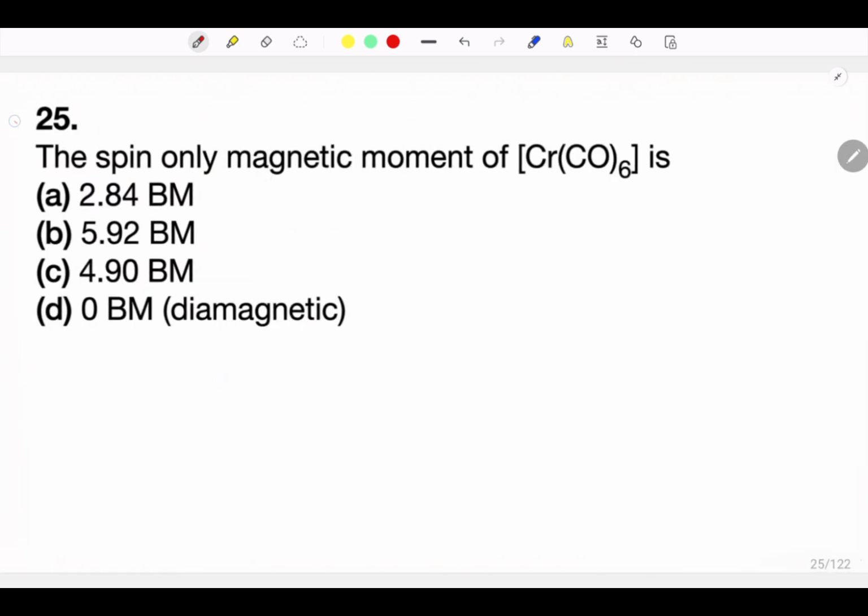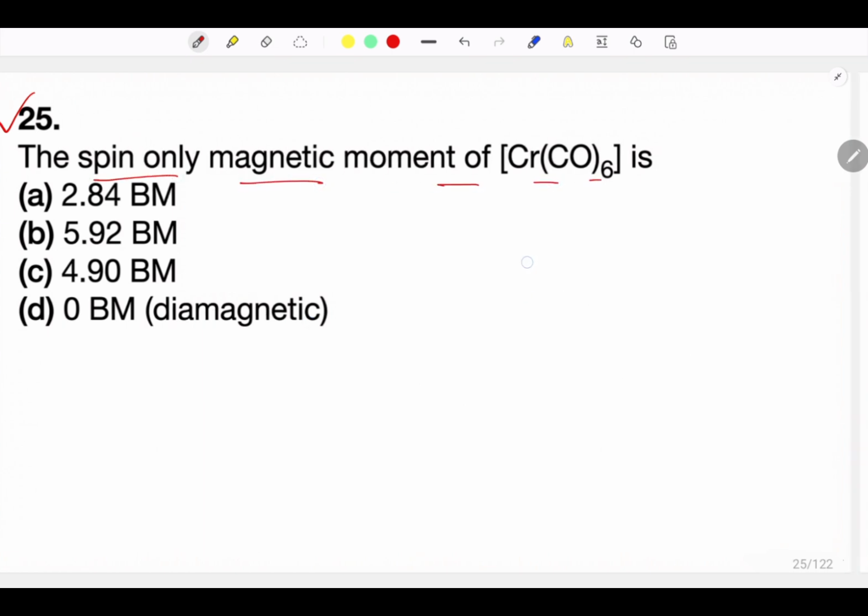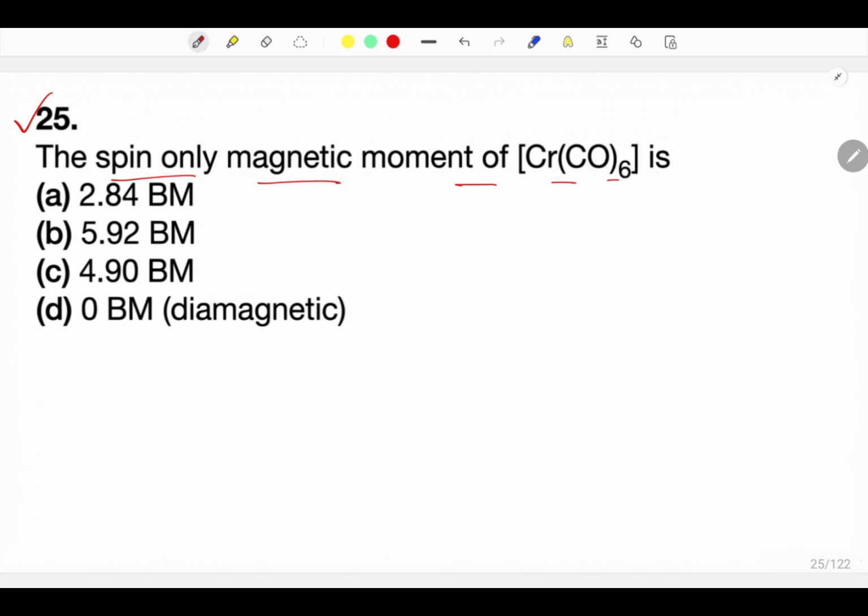Now question number 25: the spin only magnetic moment for chromium hexacarbonyl, Cr(CO)6. Here the electronic configuration of chromium, in the 0 oxidation state, will be argon, which is 18, then 3d5 4s1.